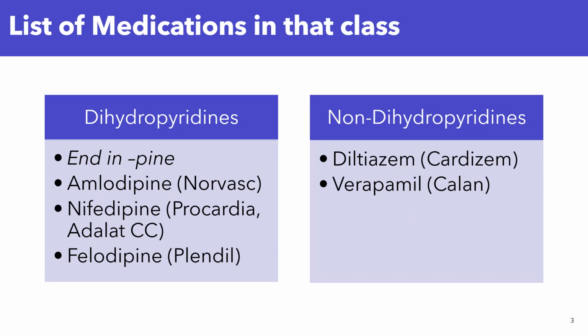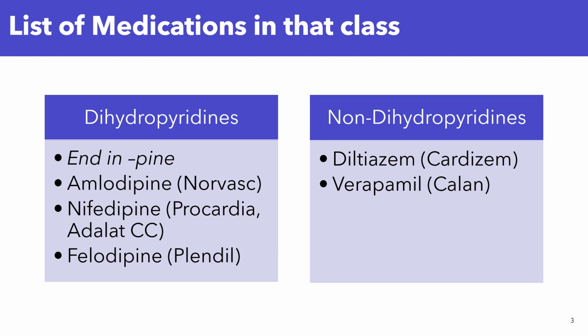What are some of the common medications in that class? Medications that belong to the dihydropyridines calcium channel blocker typically end in PINE. So for example, you have amlodipine, nifedipine, felodipine.